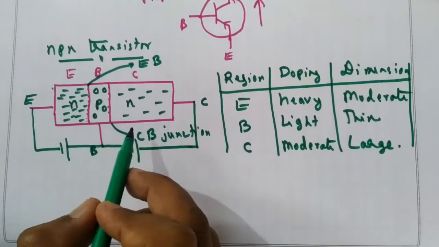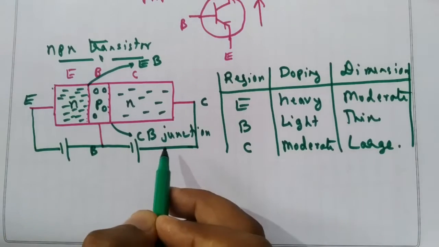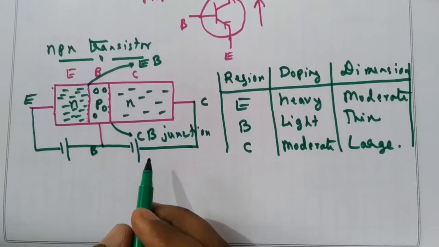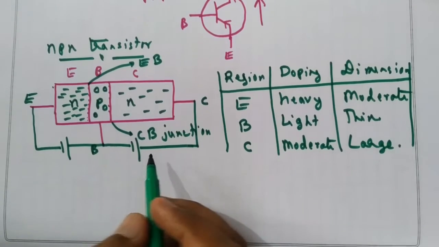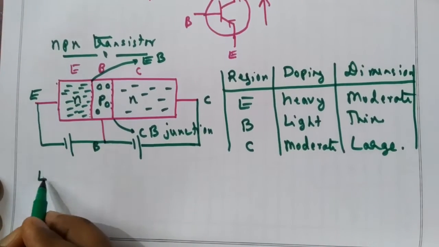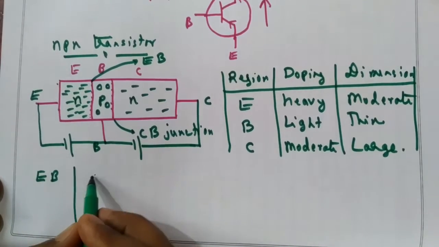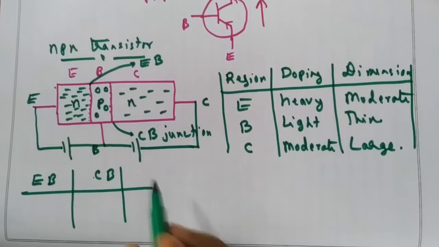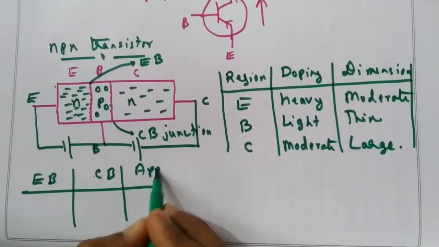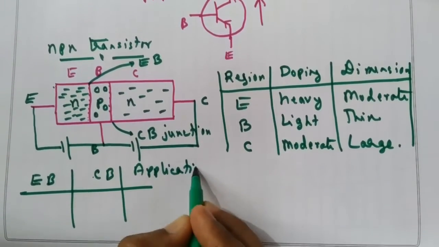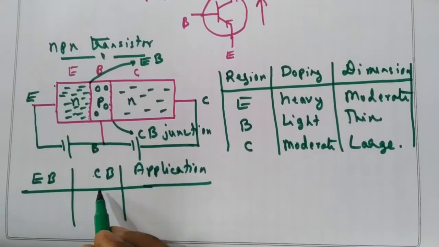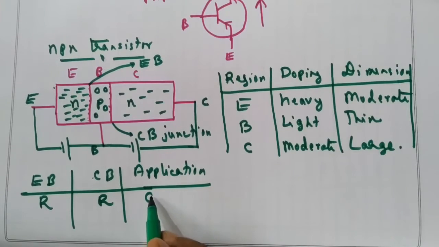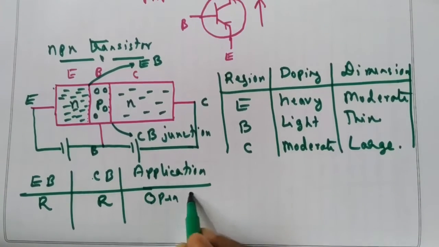Depending on the biasing combinations of the emitter base and collector base junctions, the transistor can behave in different ways. So let us say the emitter base junction and the collector base junction here. If both are reverse biased, the transistor acts as an open switch.